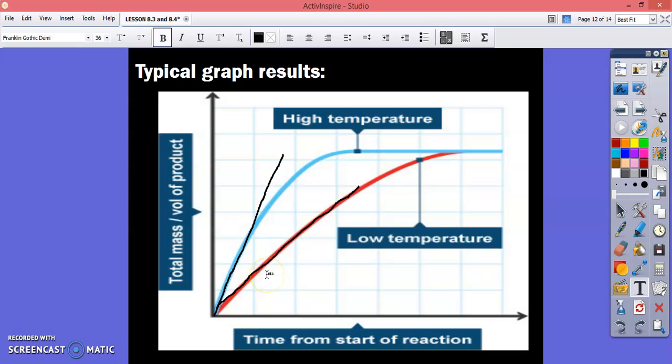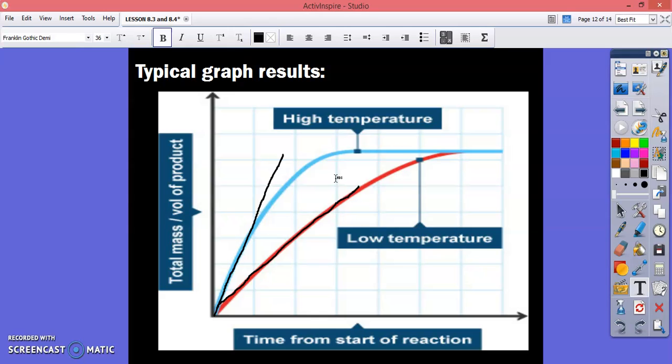If we use our ruler in determining the steepness of the line, we can see that the line under high temperature is steeper than the line under low temperature. So this gives us a conclusion that using higher temperature in the reactants will give us a faster reaction.